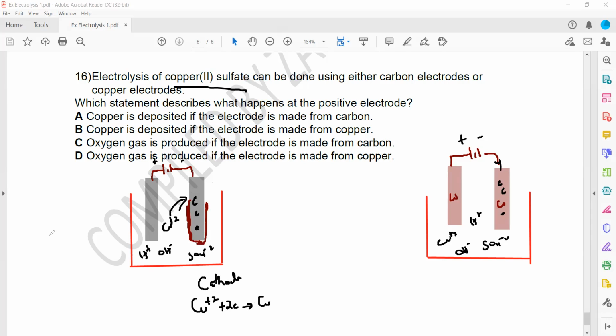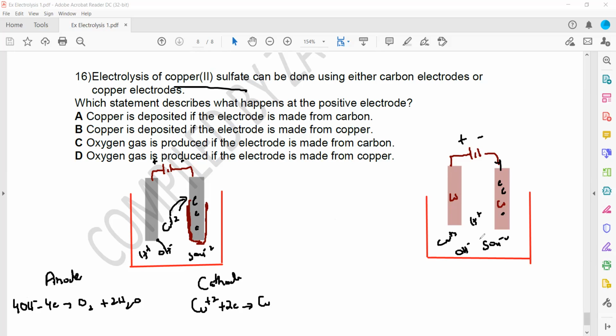And what will be the equation for the anode? Because these are carbon electrodes, for negative ions we check the amount, but sulfate, nitrate and carbonate never move, so hydroxide ions will move there. When hydroxide ions move there, 4 hydroxide ions lose 4 electrons and give oxygen and 2 water molecules. So at the anode oxygen is produced, at the cathode copper is produced.